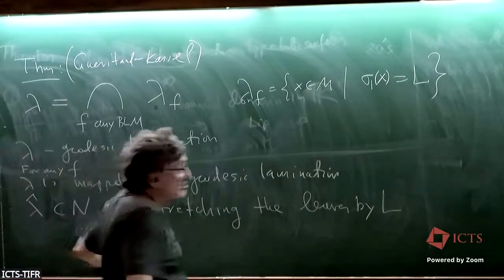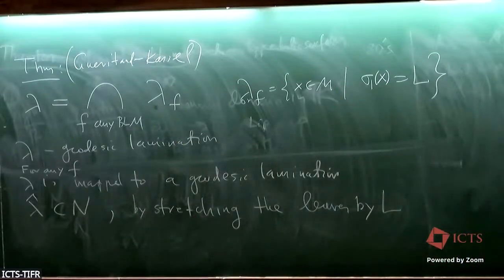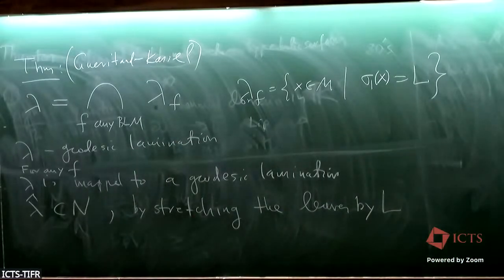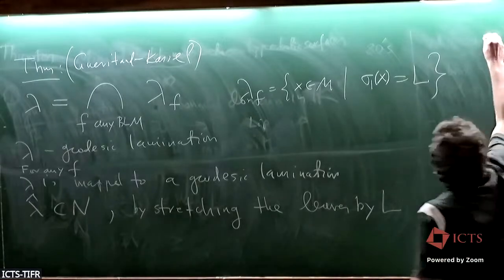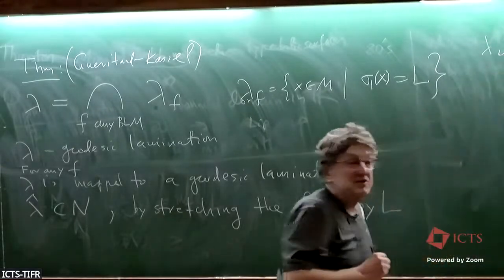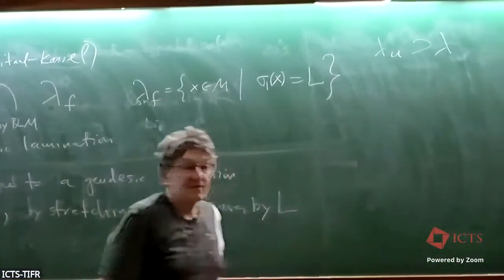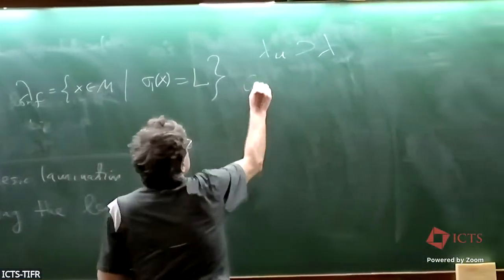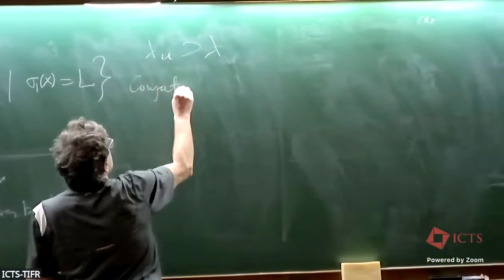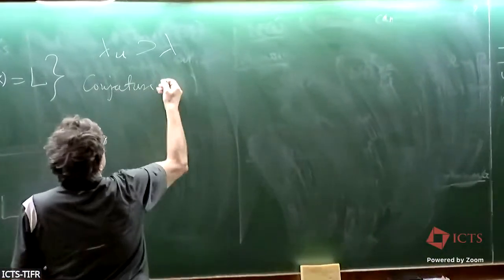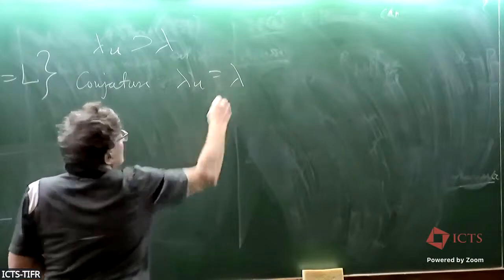Well, it's natural to conjecture that. Clearly, because our map u is a best Lipschitz map, lambda u clearly contains lambda by definition. And the conjecture is that lambda u equals lambda.